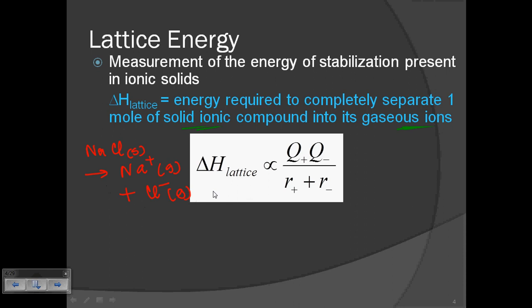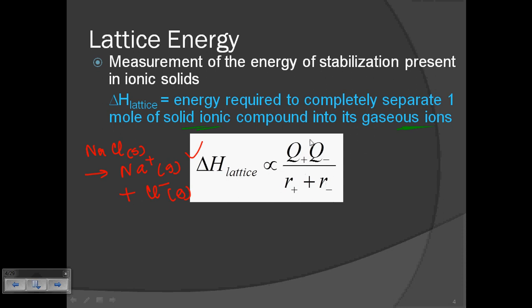To measure lattice energy, the formula that's used is that lattice energy is directly proportional to the product of the cation charge and anion charge divided by the distance between the nucleus of the cation and the nucleus of the anion. So the larger the atomic radius, the smaller the lattice energy, because there is greater distance between the nuclei of the two ions.